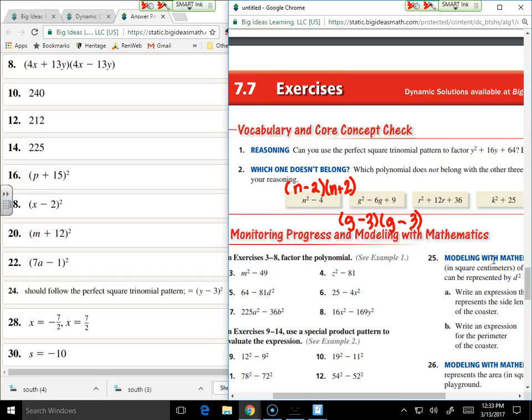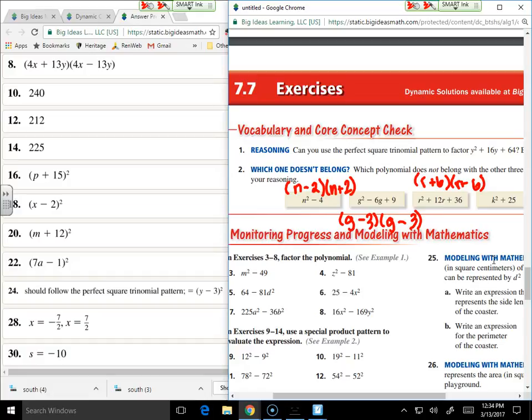This one factors. Doesn't this one factor also? Factors of 36 that make 12. 6 and 6, and the signs stay the same, positive, positive. This one factors, this one factors, this one factors.